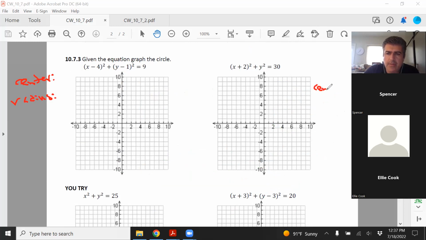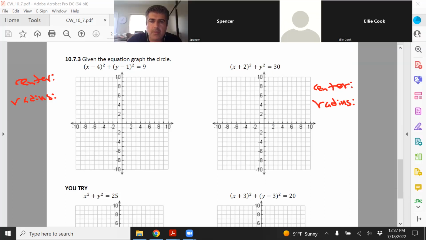Likewise, here, identify the center first, then the radius. So the center here is 4, 1. Why? Because remember the equation is this.